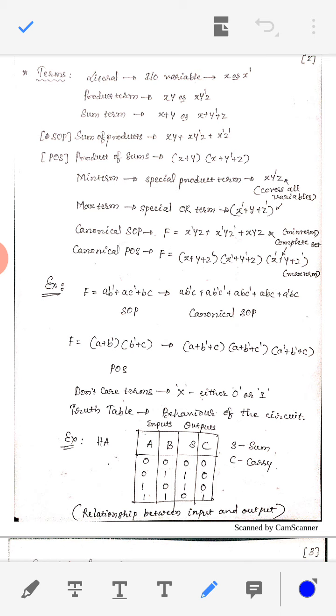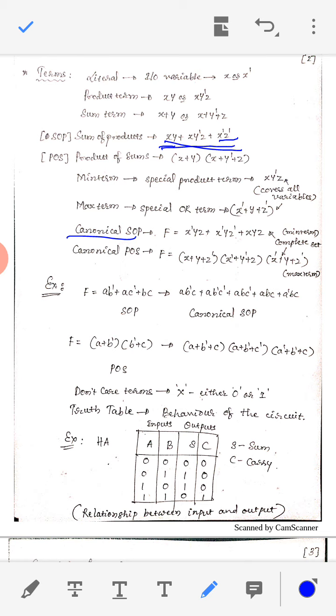Okay, then canonical. Similarly like SOP, as I told, each term doesn't need to contain all the variables, there is no rule that it must contain all the variables. So you can see here xy plus x y bar z plus x dash z dash, all the terms don't contain all the variables.